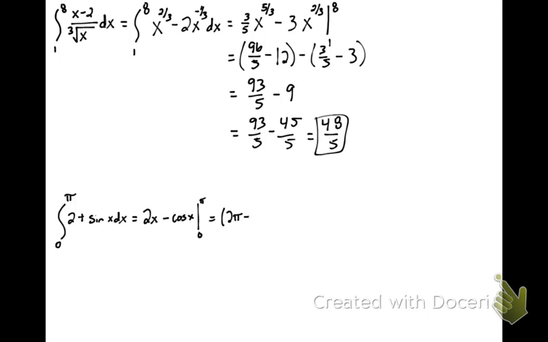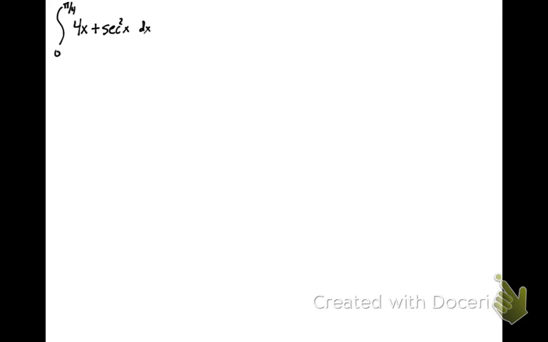Pi is negative 1. And now if we look at 0, 2 times 0 is 0. And the cosine of 0 is 1, so this will be minus 1. And cleaning this up a bit, I'll have 2 pi, and then 1 minus negative 1, so 2 pi plus 2 is our answer.